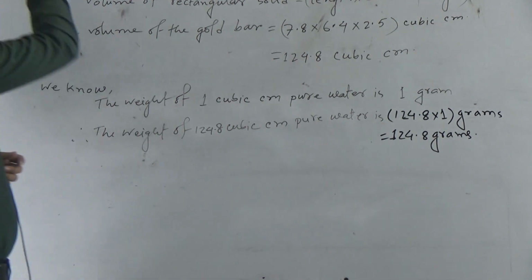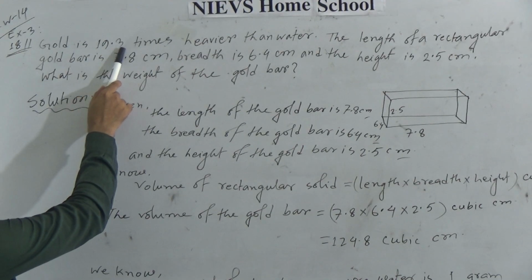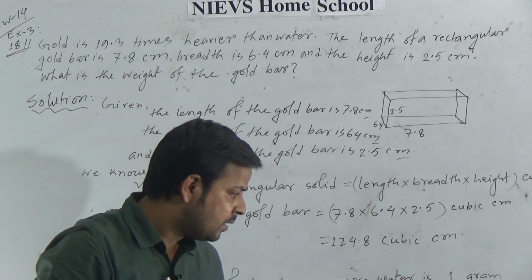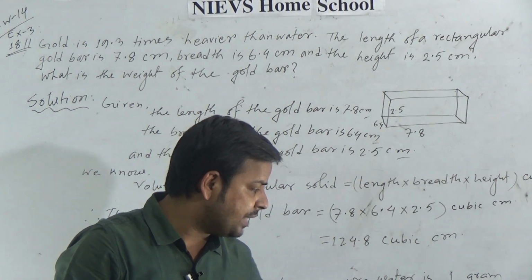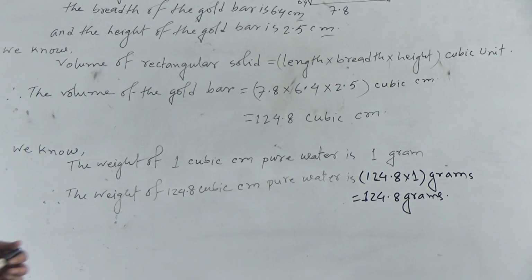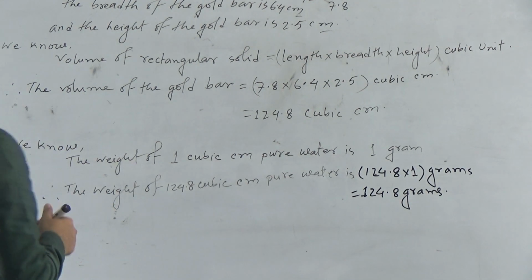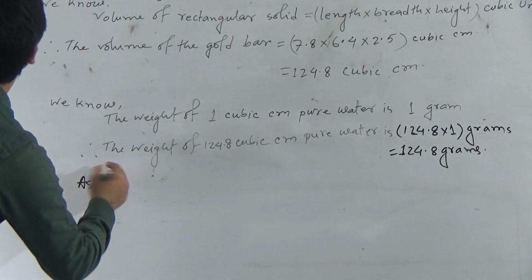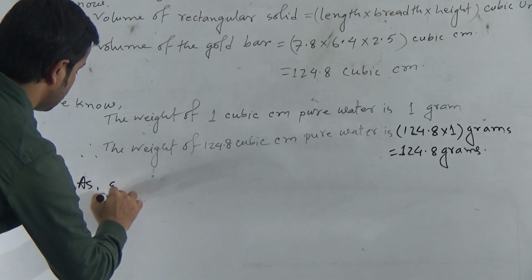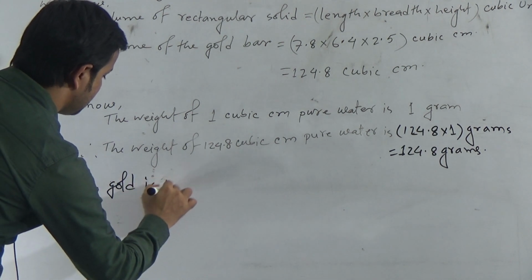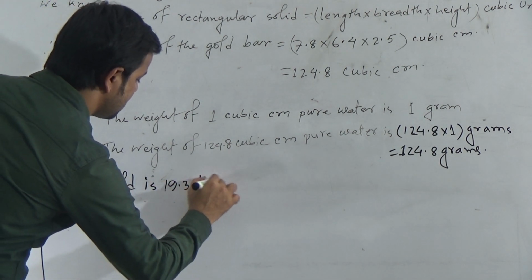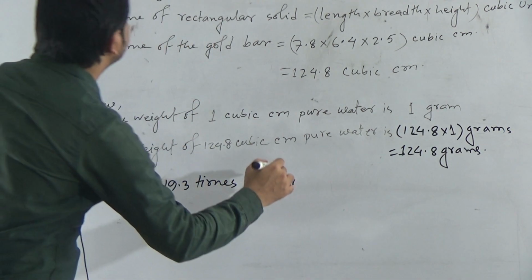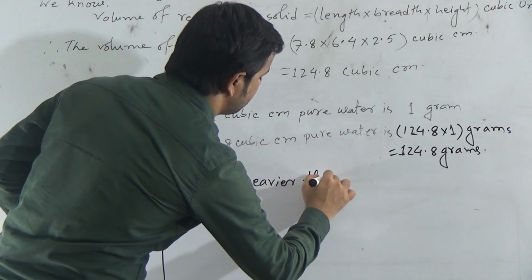Now the gold bar is 19.3 times heavier than water. So if we multiply 124.8 by 19.3, we will get the weight of the gold bar. So we can write as gold is 19.3 times heavier than water.